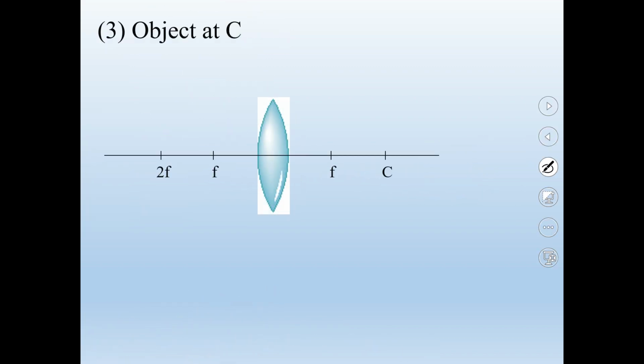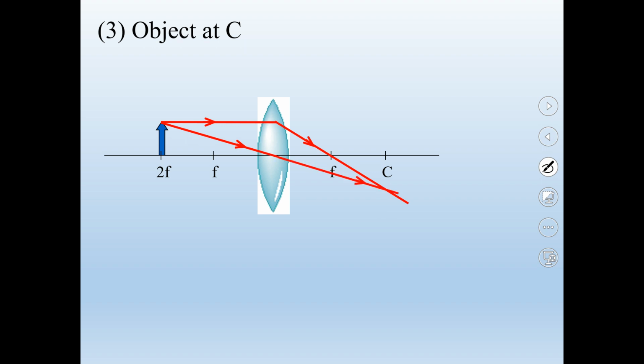And if the object is at the center point, or on 2F, we also send the same light rays. Firstly, the ray parallel to the principal axis refracts through the focus point. The second ray is directed to the optical center. If you direct it to the optical center, it passes directly. It is not curving.